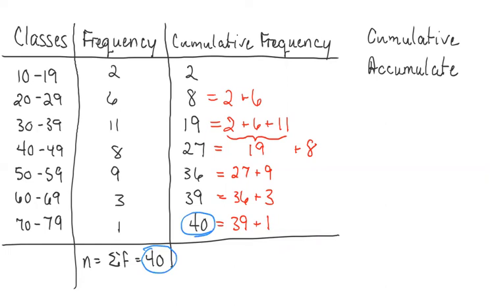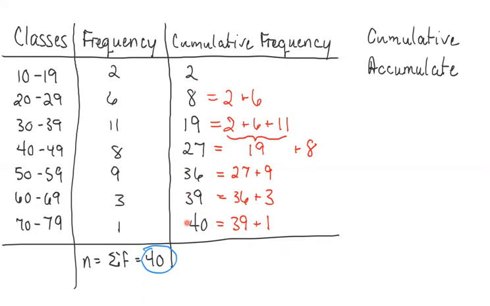I mean, literally, you get the sample size by adding up all of the frequencies. And the cumulative frequency is adding up the frequencies up to a certain point. In this case, adding all of them up to and including the last class. So the sample size is the cumulative frequency of the last class. And for the others, we just add up all of the classes up to that point.